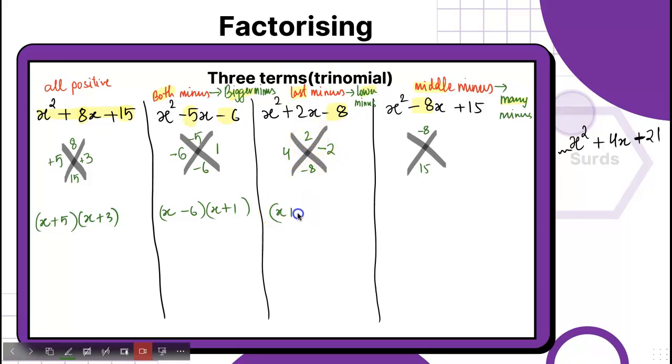So x plus 4, x minus 2. Last, when middle minus, many minus, that means all minus. So 15: 5 times 3 is 15, minus 5 minus 3 is minus 8. So we're going to be getting x minus 5, x minus 3.